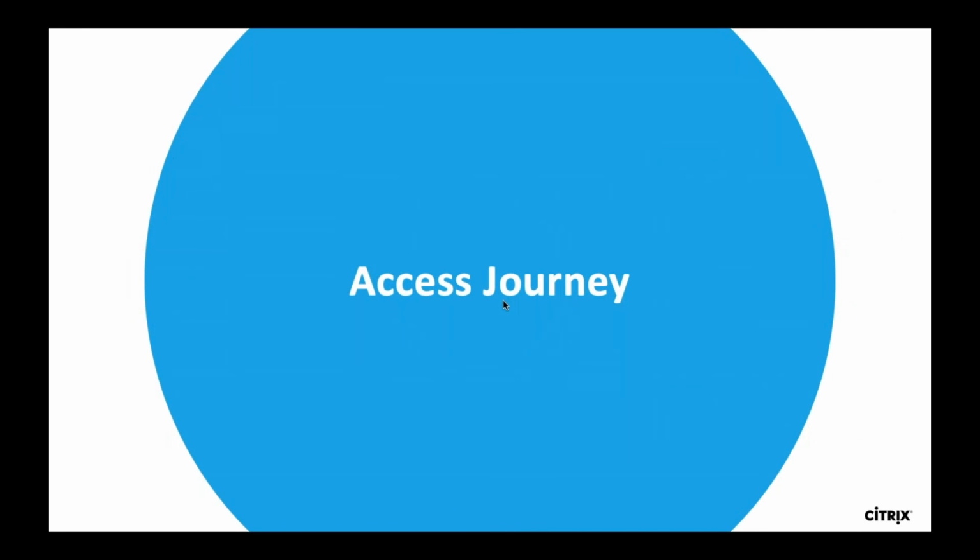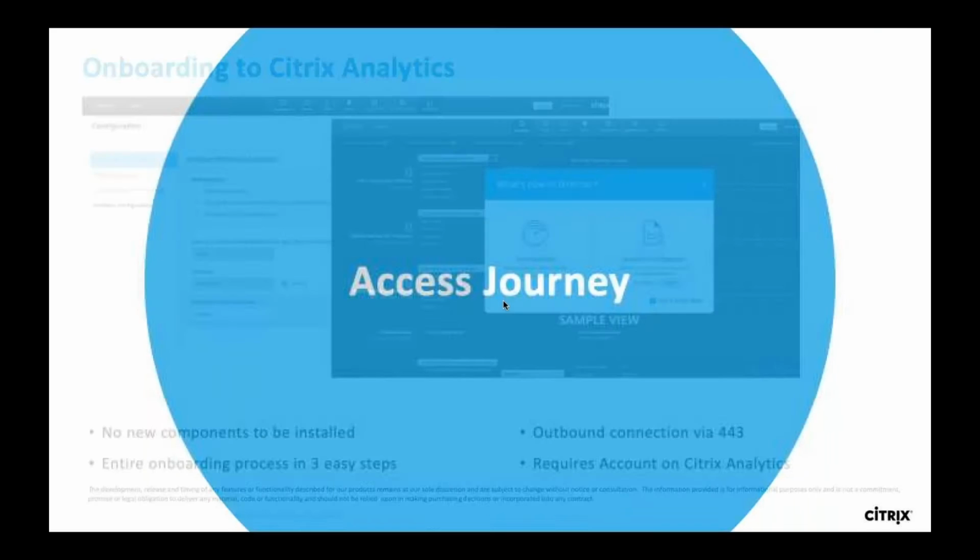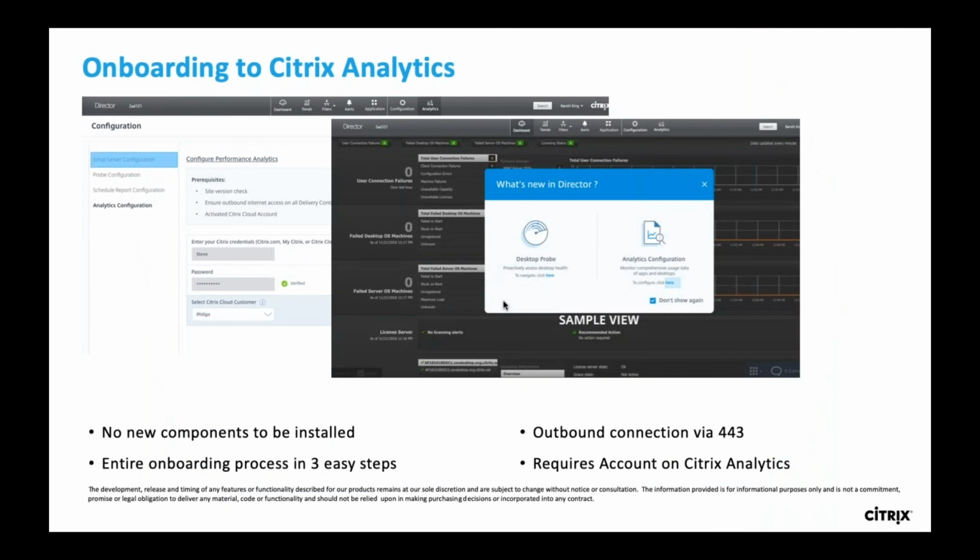Let us move into the access journey for an administrator who's willing to adopt performance analytics. The onboarding process for an on-premise site involves a simple three-step process through Citrix Director. There are no net new components to be installed, like mentioned in the previous slides.